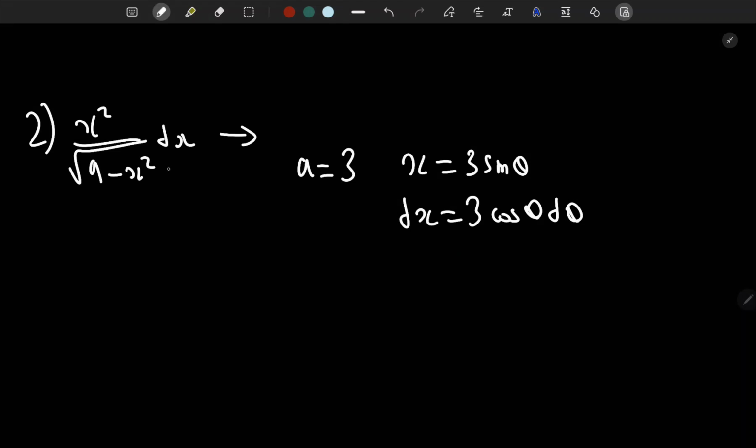Now let's replace dx with what we have over here, and also replace all the x's with our 3 sine delta, since we don't want any x's in our integral.